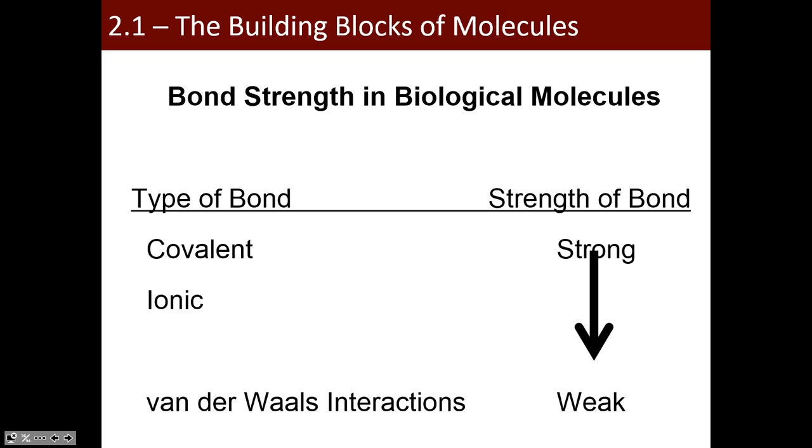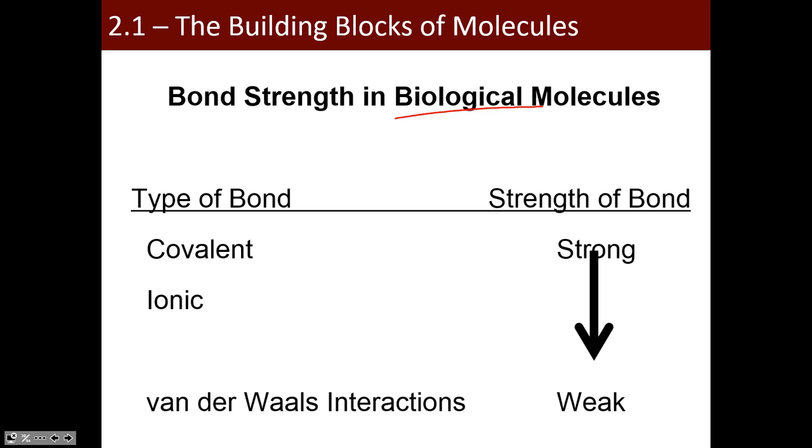So in biological systems, covalent bonds are the strongest bonds, and that's because they are strong in water. Our ionic bonds, which in a chemistry class would be the strongest bond, are weakened by the aqueous system of biological environments.